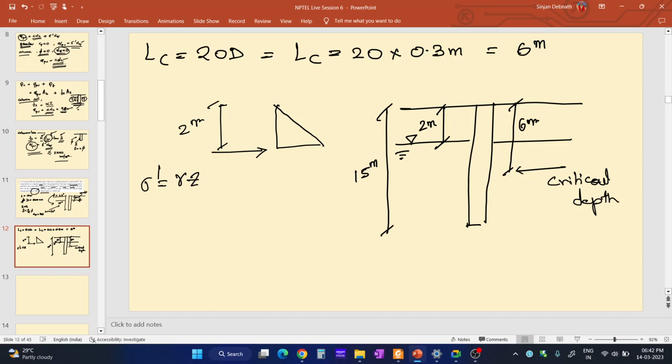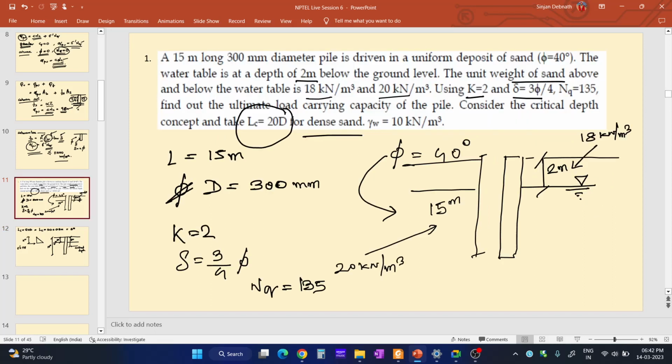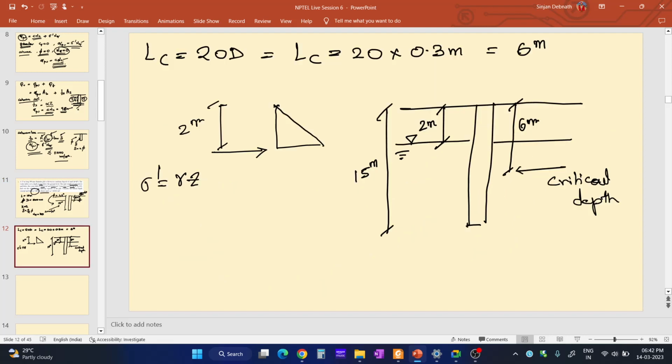At the top it is 0, and at 2 meter depth, what is the unit weight of soil? The unit weight of soil above the groundwater table is 18. So here it is 18 into 2, so that is 36 kilonewton per meter square.